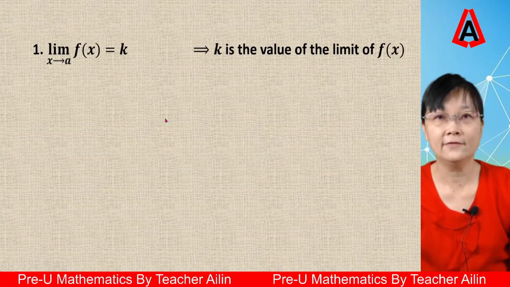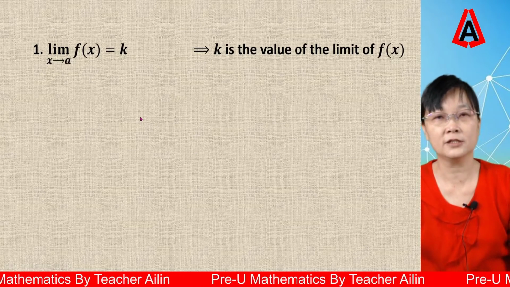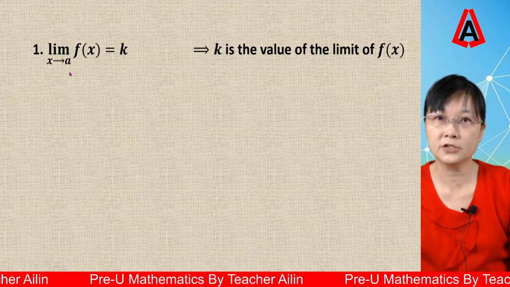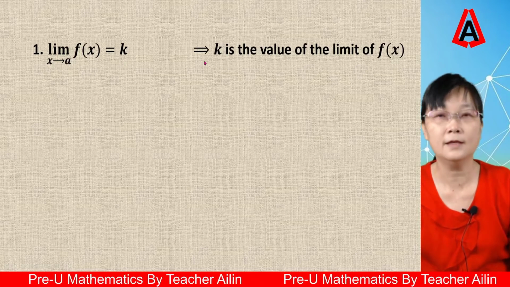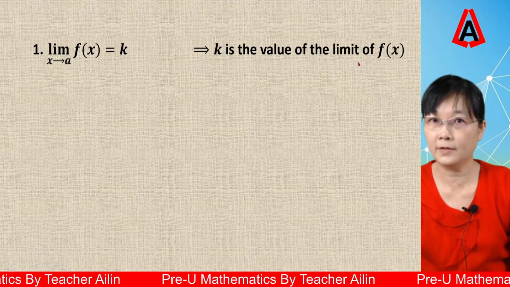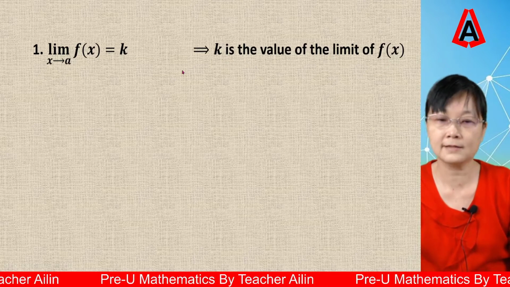When finding the value of the limit of a function, if the limit of f(x) as x approaches a is equal to k, then we say that k is the value of the limit of the function f(x).